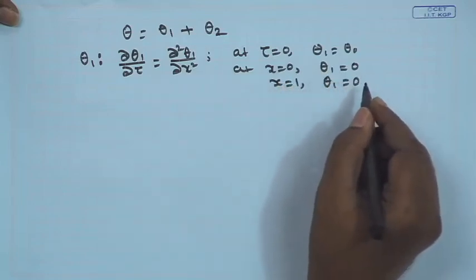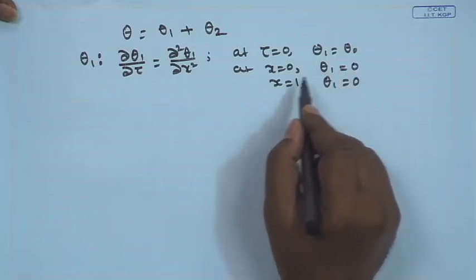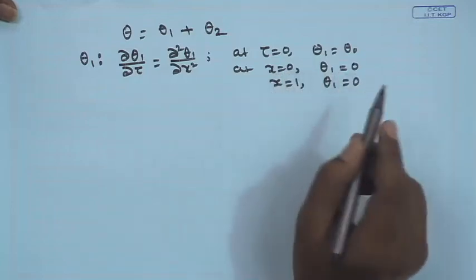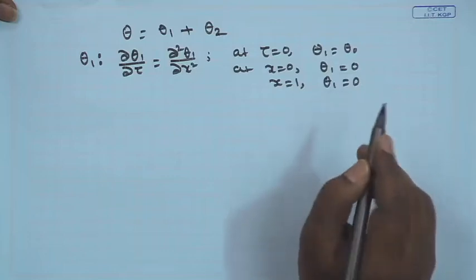So, I force the non-homogeneity present at the boundary x equal to 0 to be 0, considering one non-homogeneity at a time.